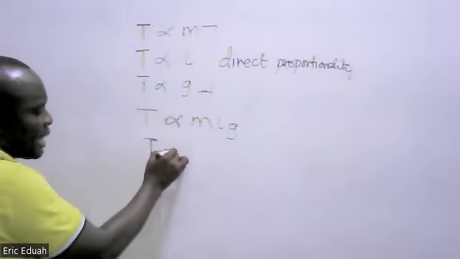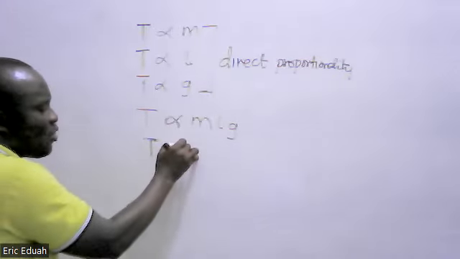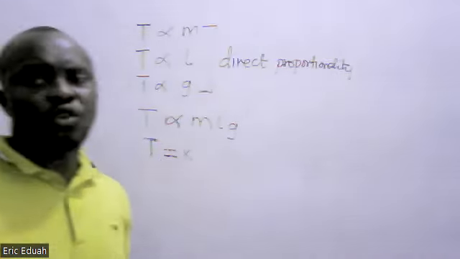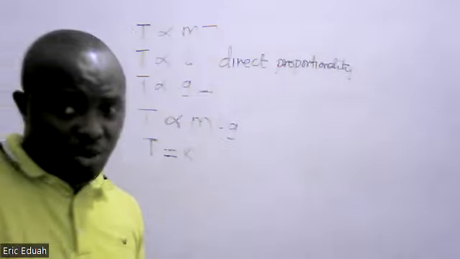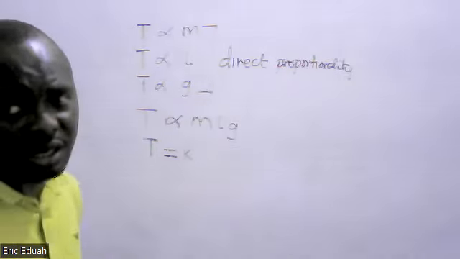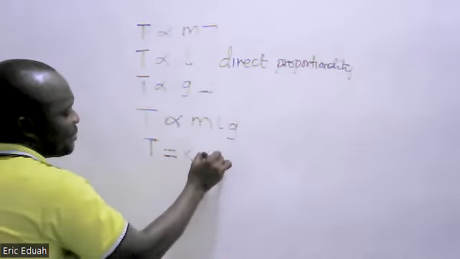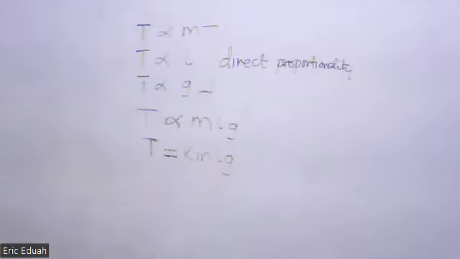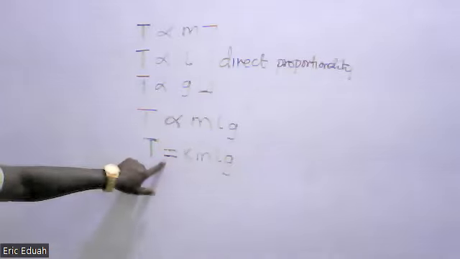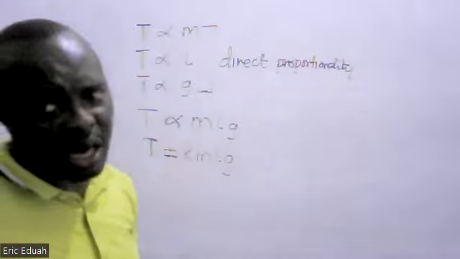So once we introduce an equal to sign to have an equation, there should be a constant of proportionality k, and the constant is any variable of your choice, but I am coincidentally choosing the letter k. So k times m times l times g, and I have k because I'm introducing an equal to sign to form the equation. Are we okay?